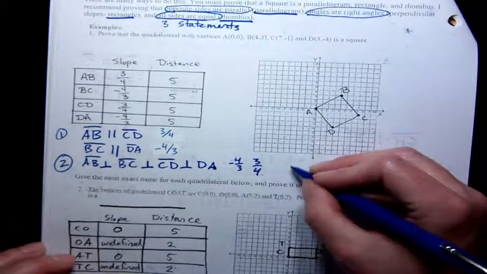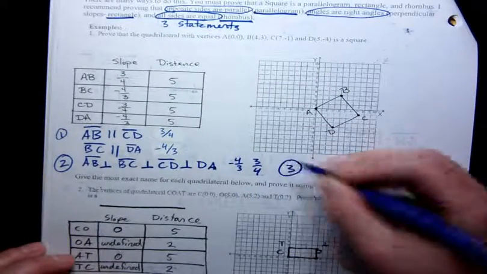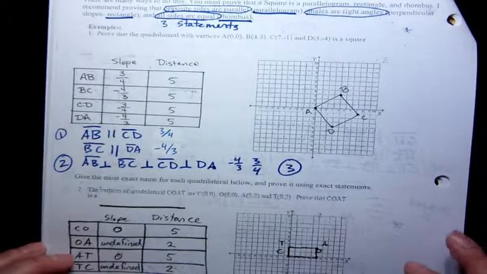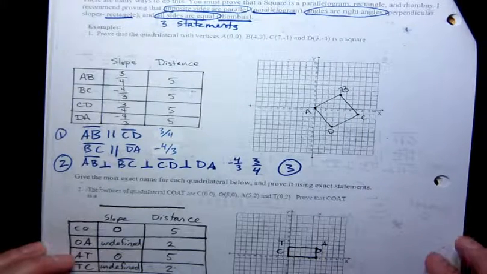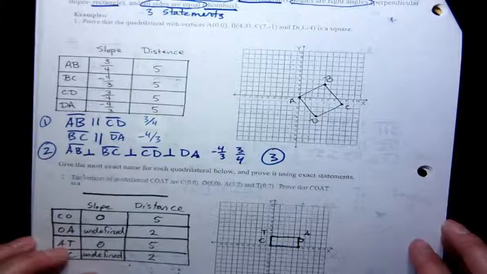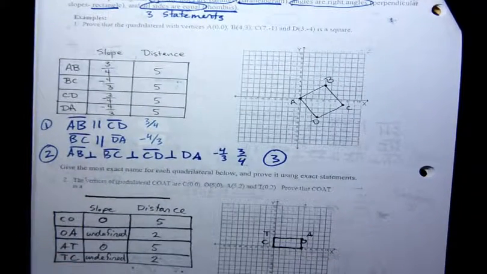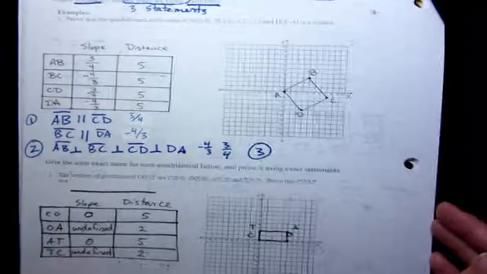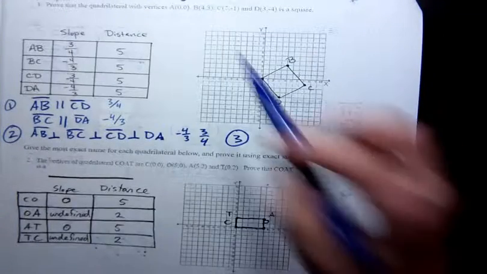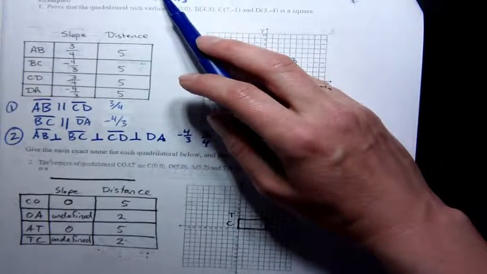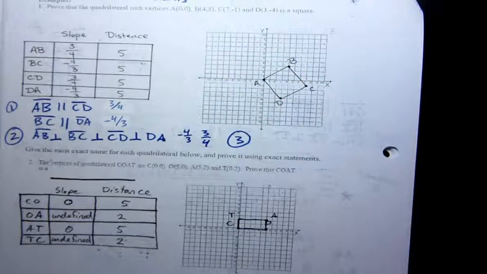All right, statement 3. What's the third statement I need to make to finish this proof? No. So what's the third thing I need to write up here from the notes up here? All sides are equal.